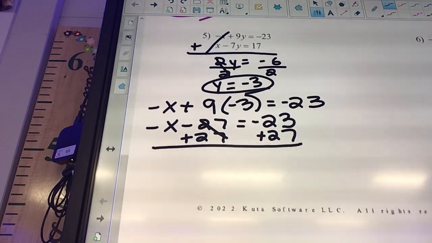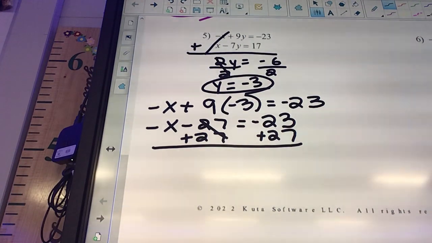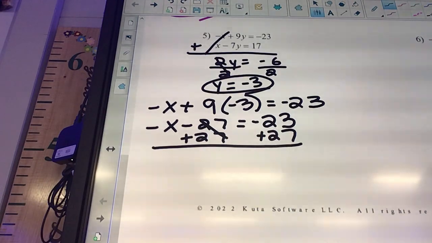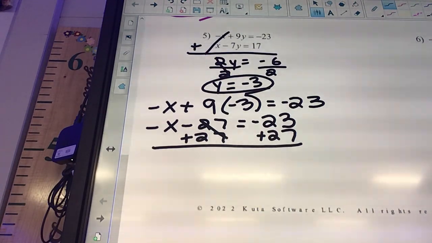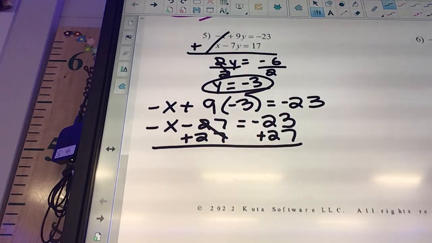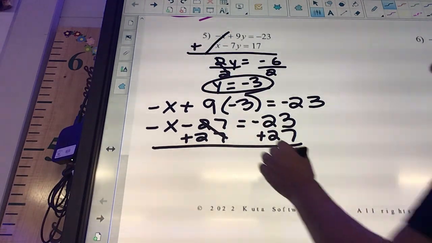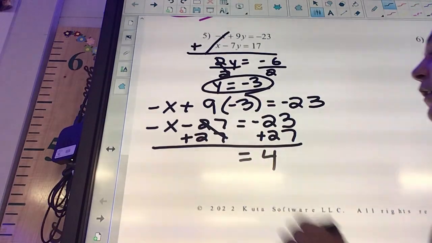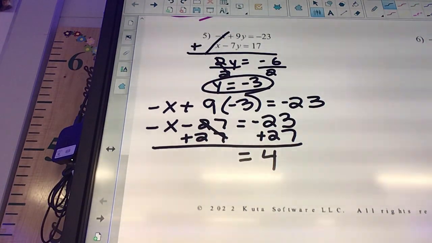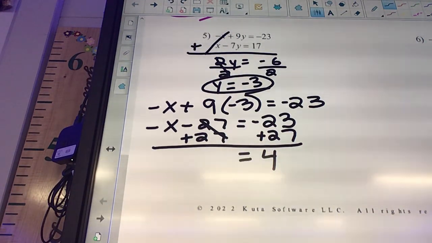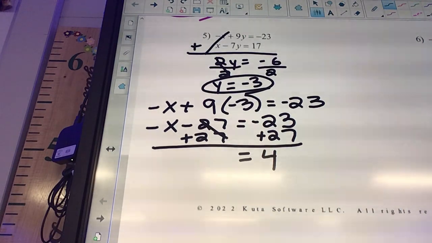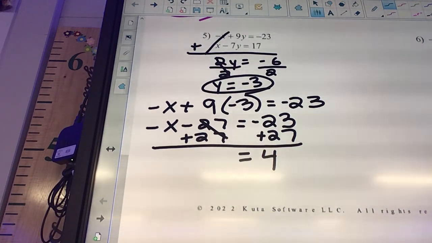-23 plus 27. I think you said times, right? Oh, I'll put 1. 4? I can put 1. What equals 4? X. Try again.